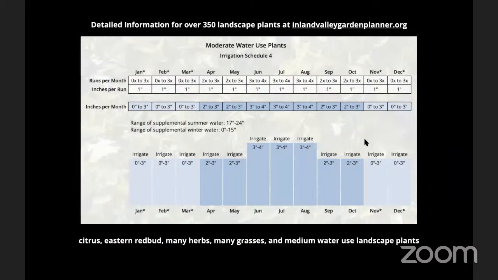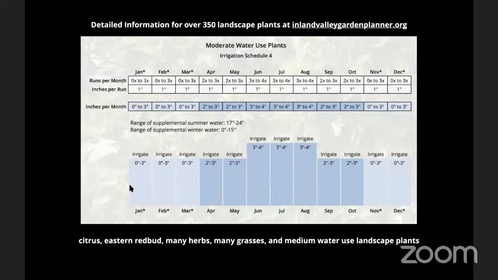If you live in inland Southern California or Southern California in general, or a climate that's similar to that, for most of the water-wise plants we would grow in our landscapes, we have a resource that makes it even simpler than needing to know those curves. On our Inland Valley Garden Planner website, we have detailed information for the top 350 water-wise and semi-water-wise landscape plants you're likely to use in Southern California.